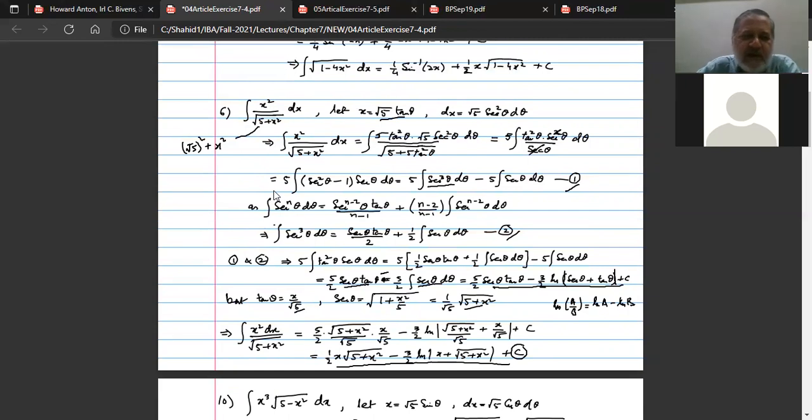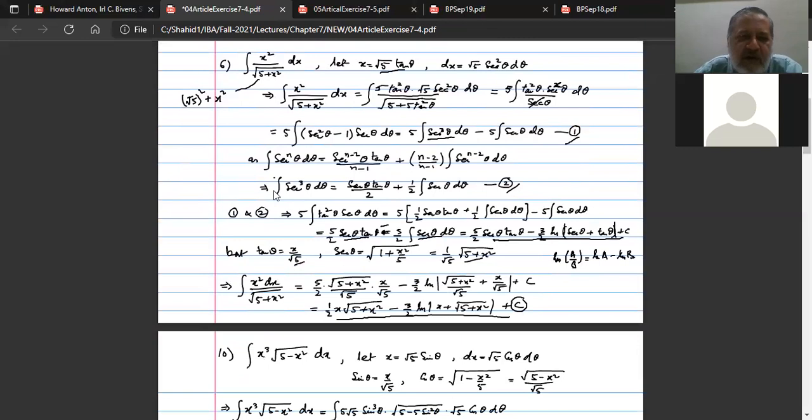and I'm reconsidering this as a revision for the last lecture, where we have a constant plus x square, and that means this is something like square root of 5 square plus x square. So we have to substitute x is equal to a tangent theta, and a is root 5.